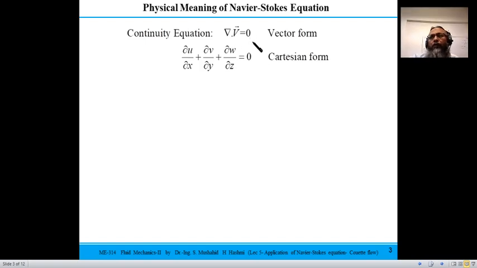So one of the reasons for deriving the equations using the fundamental principle is that we better understand the meaning of such equations, what actually this equation is telling us. In a later part of the course, we will also come again to explore the meaning of this divergence of velocity.